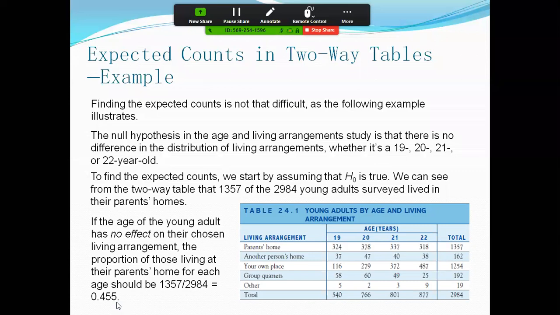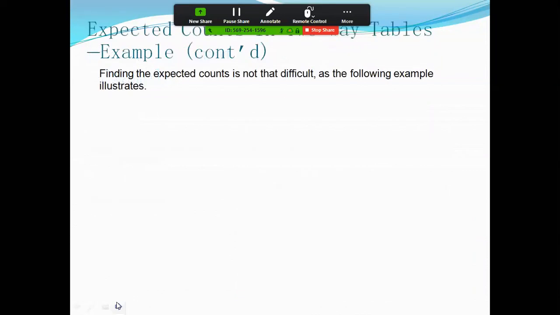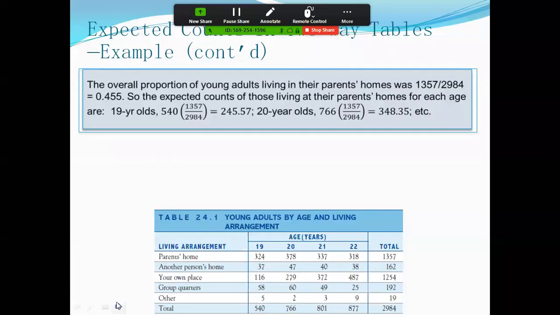The proportion of those living at their parents' home for each age should be 1,357 divided by 2,984, or 45.5%, 0.455. The overall proportion of young adults living in their parents' homes was 1,357 out of 2,984.